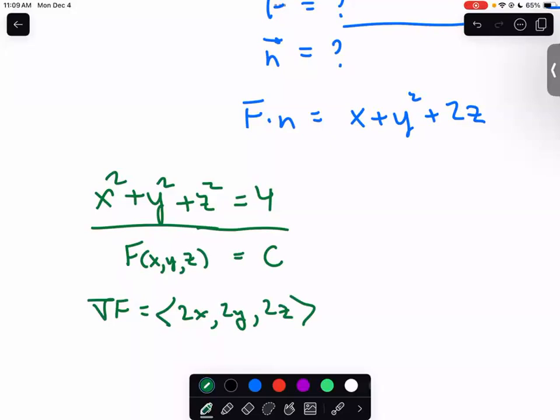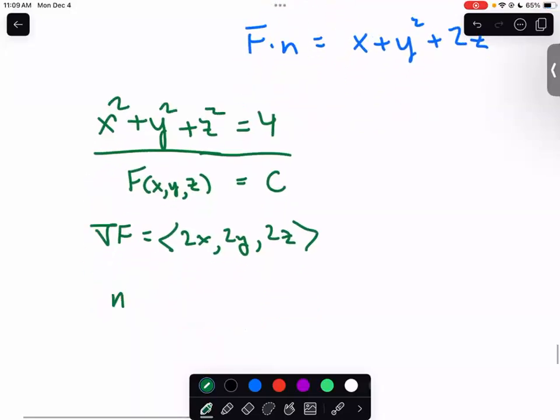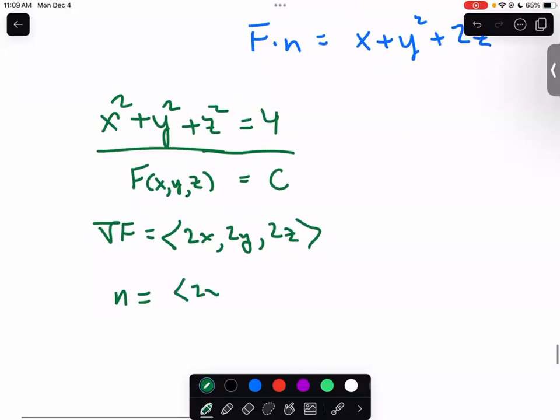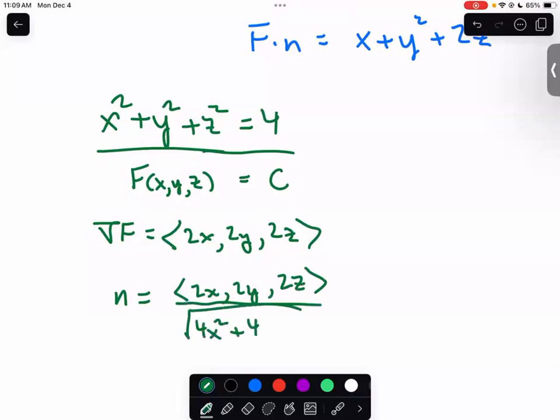The only problem is I don't know if this is a unit normal vector. So in order to make sure that this is a unit normal vector, I'm going to take this and divide it by the magnitude. So that's going to be 4x squared, 4y squared, 4z squared, right? Square each one of my components in my vector, add them together, throw them into a square root. That's the magnitude. So I'm going to divide by that magnitude here.